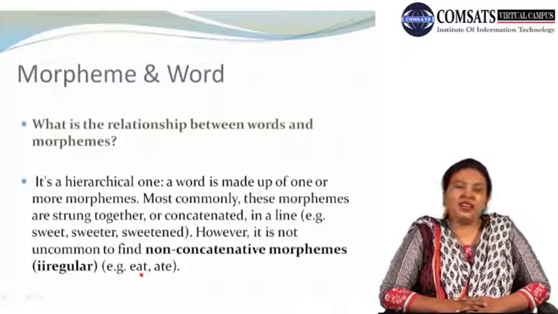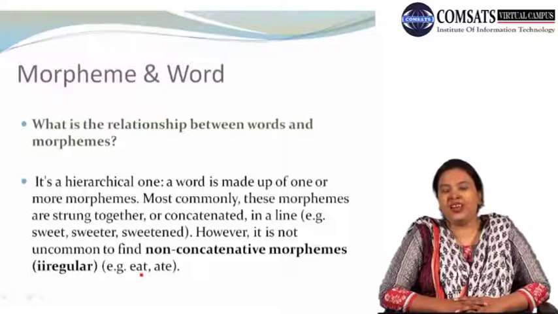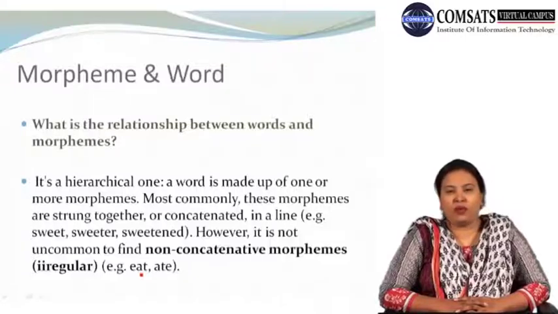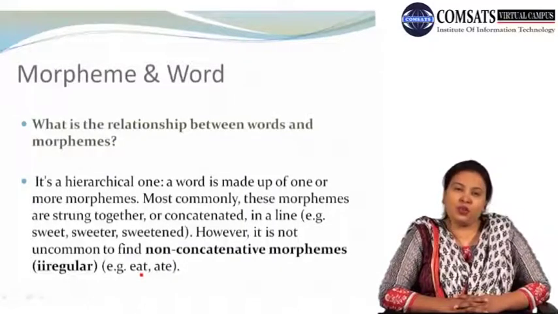Now it's not necessarily that one word should have one or two morphemes. No, sometimes it happens that there is one word and one morpheme. For example, the word greed. Greed is one word, but at the same time greed is a single morpheme. But if I say greedy, then greedy is one word, but inside it greed is one morpheme and e is another morpheme.